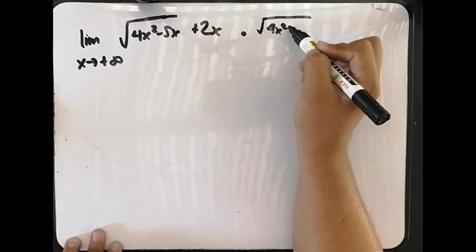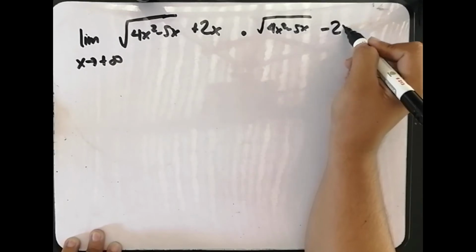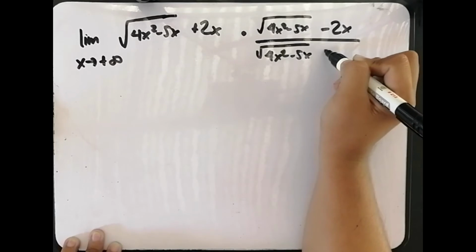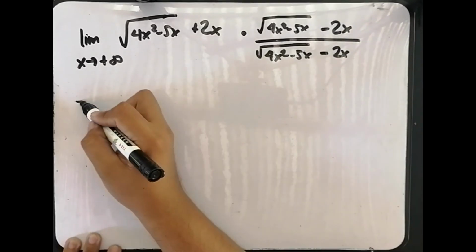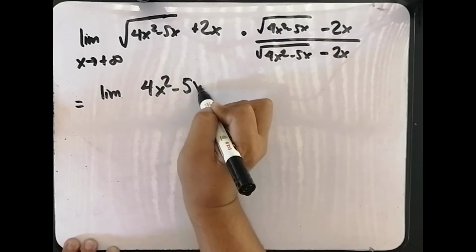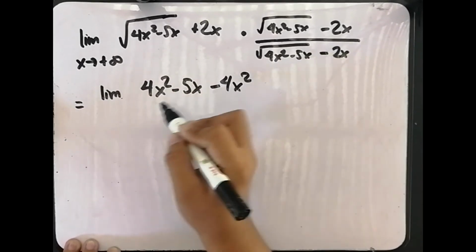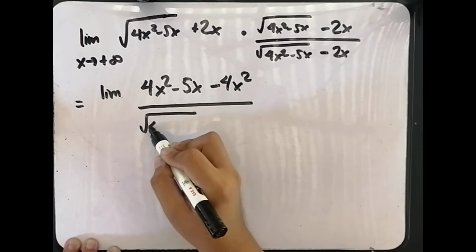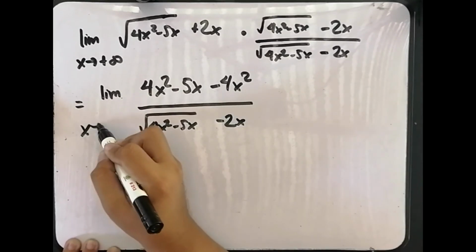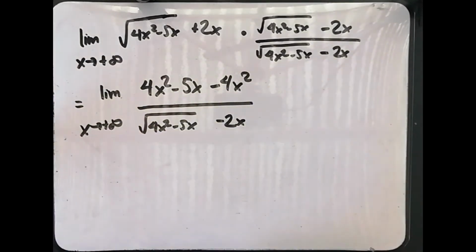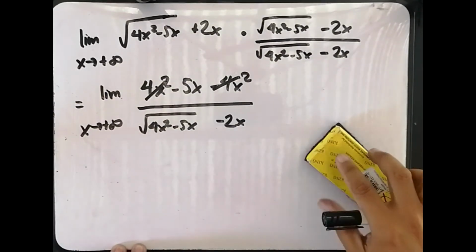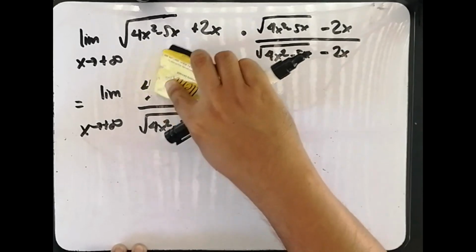So we have square root of 4x squared minus 5x minus 2x over square root of 4x squared minus 5x minus 2x. So this becomes the limit of 4x squared minus 5x minus 4x squared over the square root of 4x squared minus 5x minus 2x, as x approaches positive infinity. Observe that in the numerator, we can cancel the 4x squared, so this becomes negative 5x.